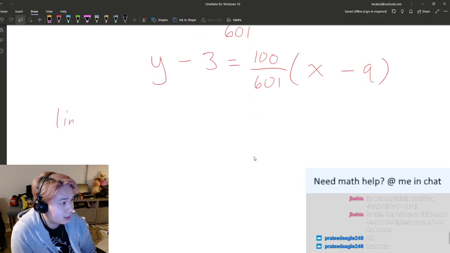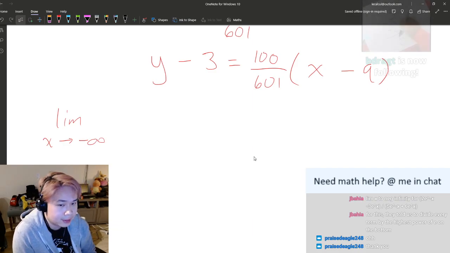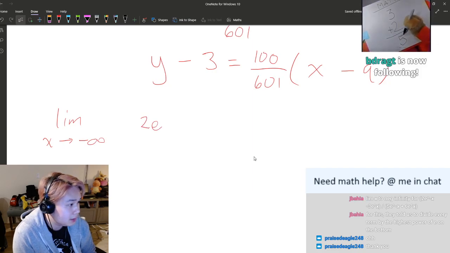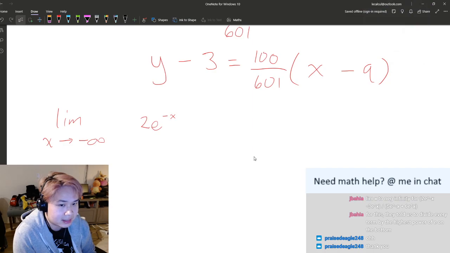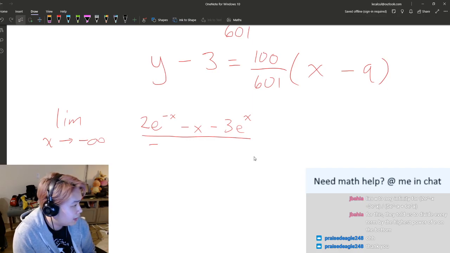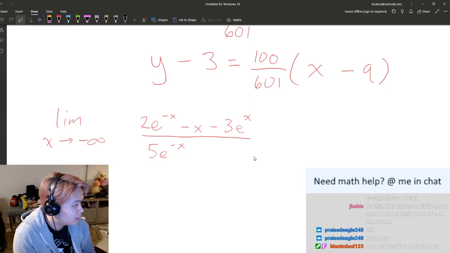So the limit as x goes towards negative infinity of 2e to the power of negative x minus 3e to the x, divided by 5e to the negative x plus 6e to the x.